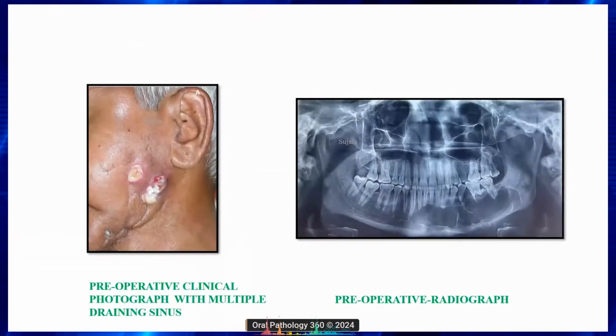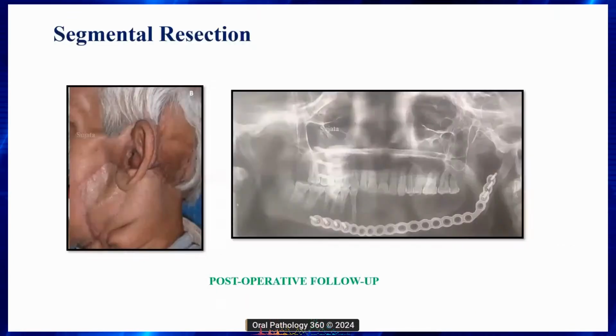Another patient presented to us with multiple draining sinuses intraorally and extraorally and multiple mobile teeth. On the photograph, you can see multiple draining sinuses over the angle of the mandible, and the preoperative radiographs show a multilocular lesion extending from the canine of the right side till the angle of the mandible on the left side with resorption of the roots and bone loss.